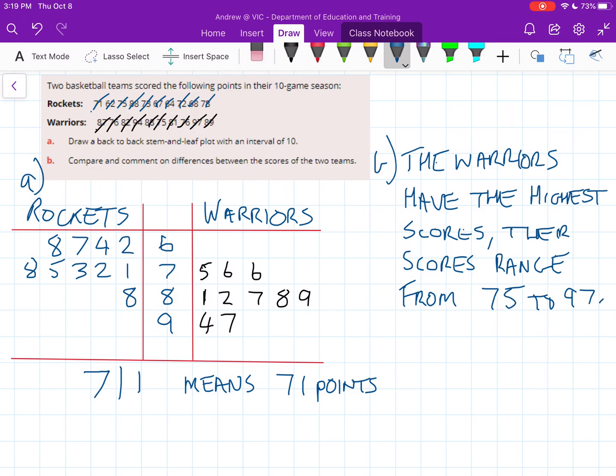Then we've got the highest scores there, so we'll sum it up with the Rockets' range of scores.